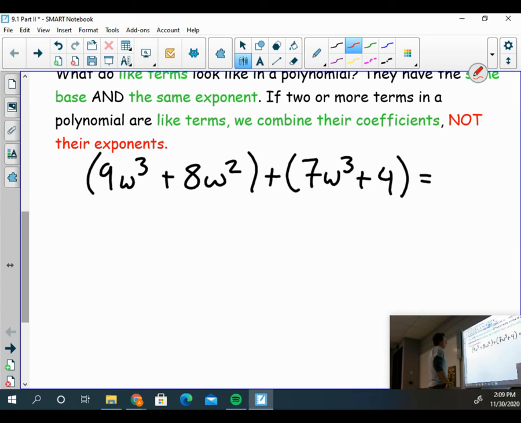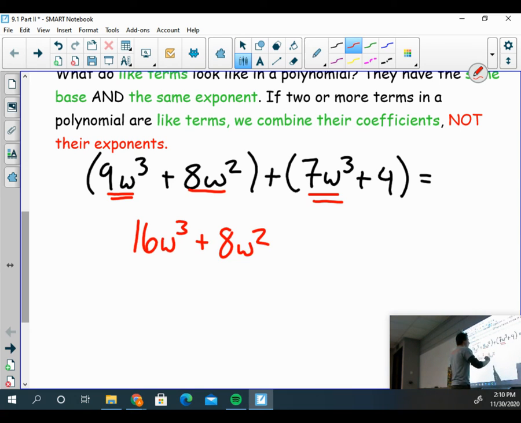So to simplify this, what I'm going to do, as I always do, is try to identify like terms. I'm always going to start with the leftmost term and work from there. Well, I notice the 9w cubed and the 7w cubed have the same base and the same exponent. Therefore, they can combine together to be 16w cubed. Again, notice the exponent's not changing. I'm just adding the coefficients. When I look at the 8w squared, there's nothing that will combine with it.